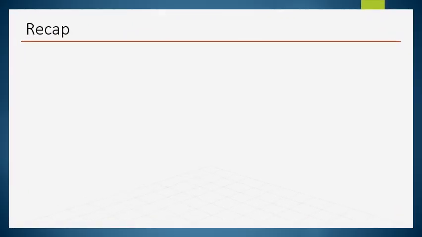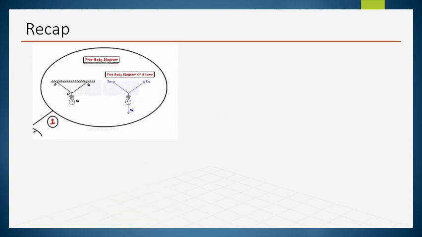So these are all the types of the loads. Let's have a quick recap of what we have seen in this session. We have seen how to draw the free body diagram. What is a free body diagram? It is the diagram which is isolated from its supports or the contact surfaces, but showing all the forces including the reaction forces and the self weight acting on the body.